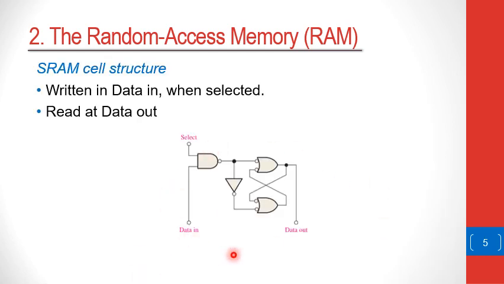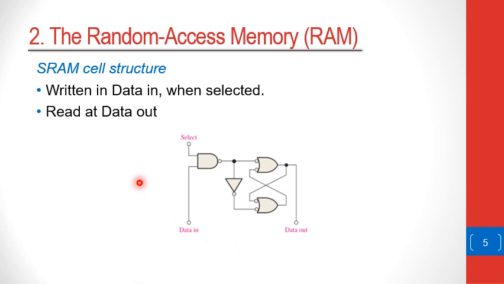This figure shows the basic memory cell of an SRAM, and as initially stated, this is a basic latch, and it has three pins: the select pin, data input pin. Two of these are inputs, and then there's an output pin, which is data out.